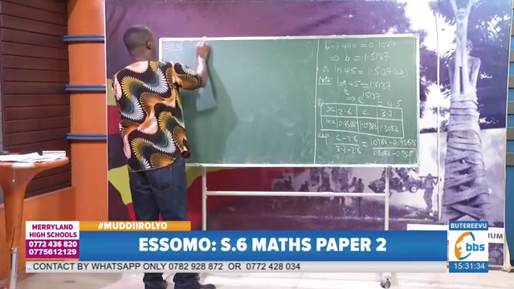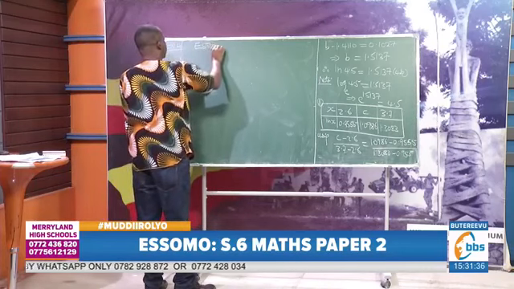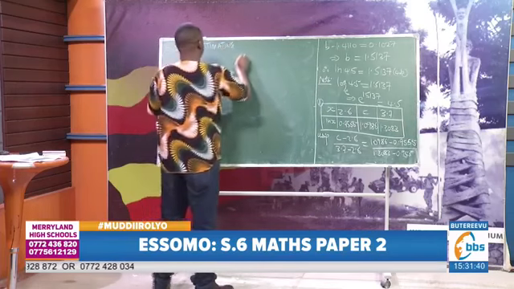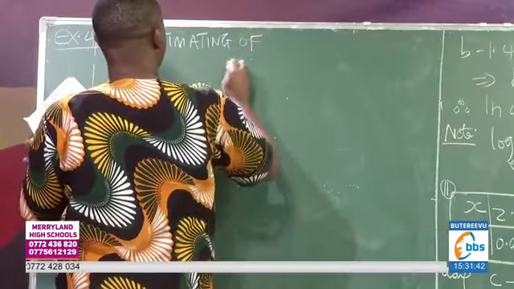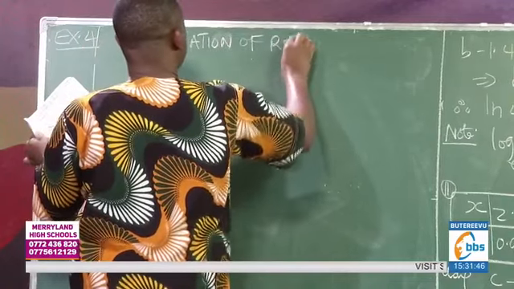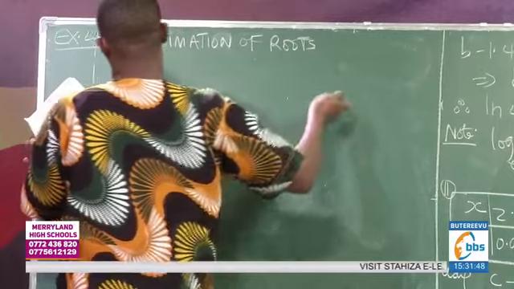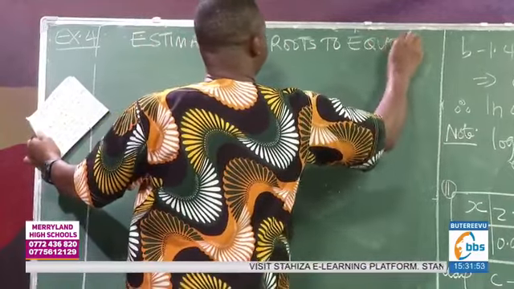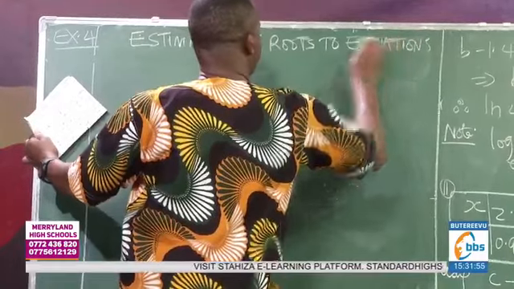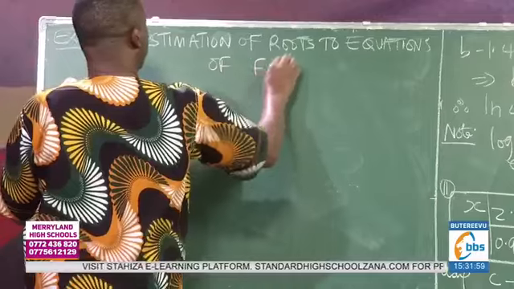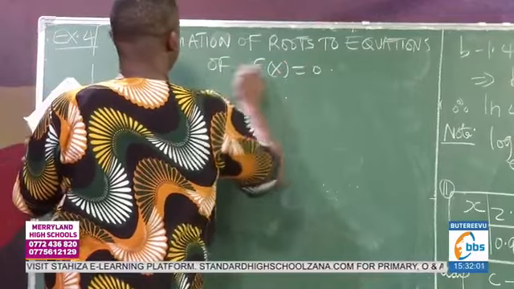The next part is estimating of roots, estimation of roots to equations of the form f of x is equal to 0.